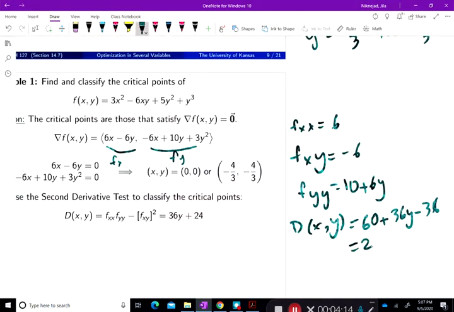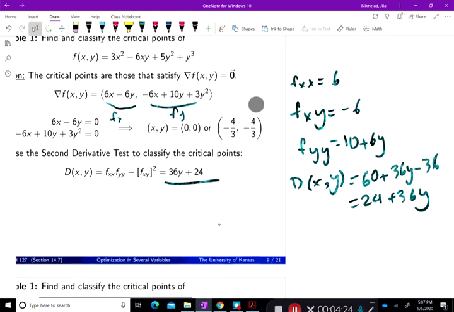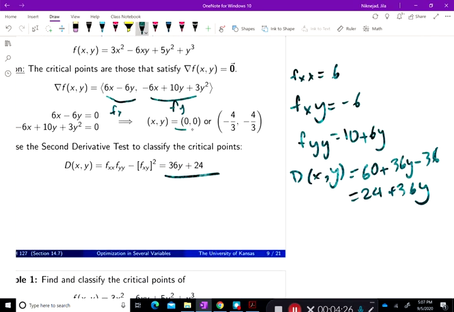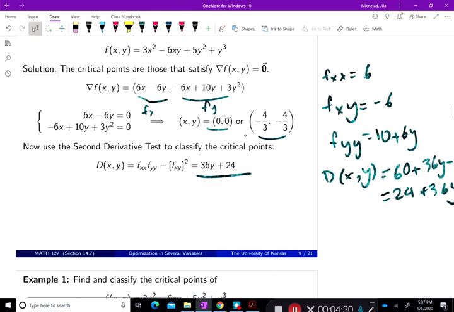Subtract and you get 24 plus 36y, and that's the discriminant. Now that we found the discriminant, what you need to do is plug in these two points to see what the discriminant of each of them is going to be. So let's say one is 0, 0, and the other one is negative 4/3 and negative 4/3.